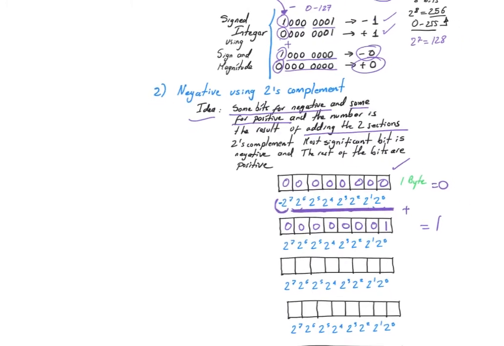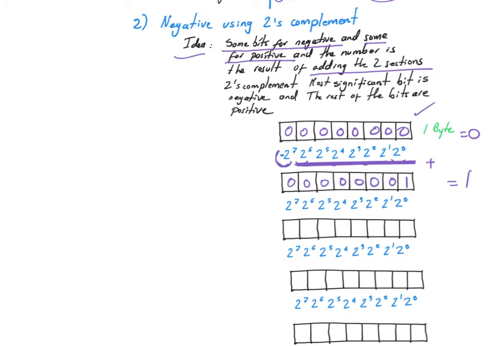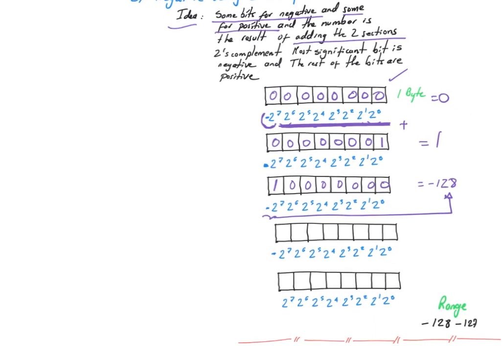Now, what would be the representation for minus, sorry, if this is minus 2 to the power of 7, since we're using 2's complement, minus 128 would be a 1 here and 0s here, right? Because this minus 2 to the power of 7 is minus 128, right?